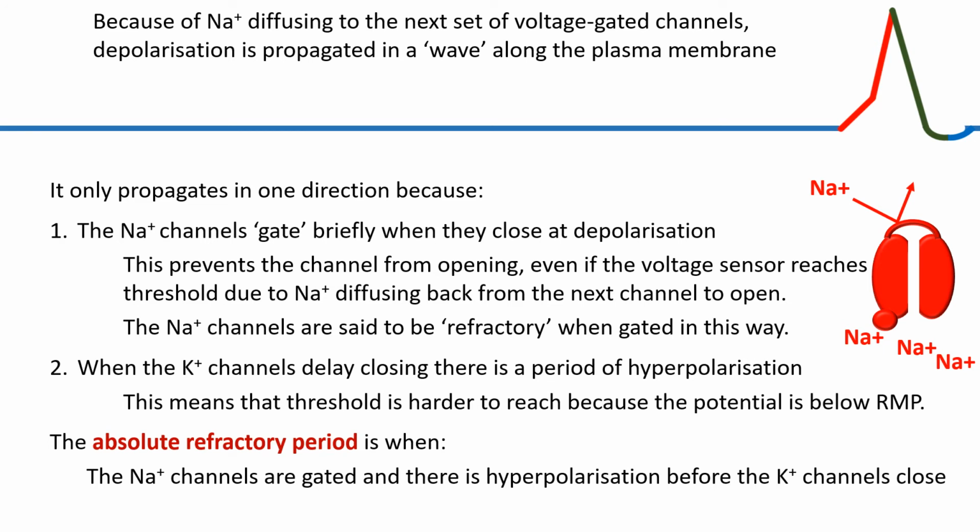These two mechanisms give us the absolute refractory period. So the absolute refractory period, which prevents backward propagation, is when the sodium channels are gated and there is hyperpolarization just before those potassium channels close.